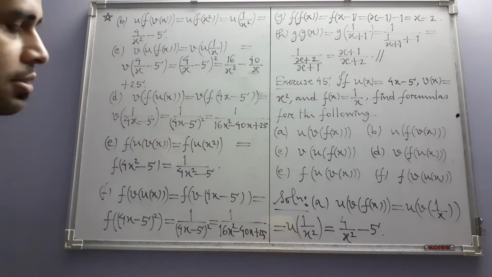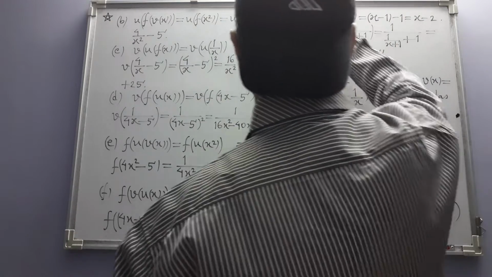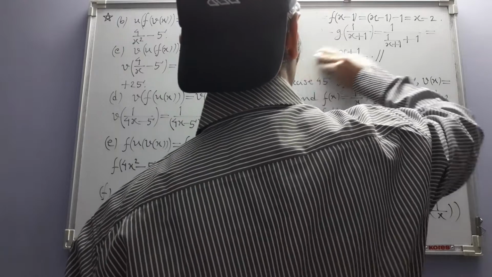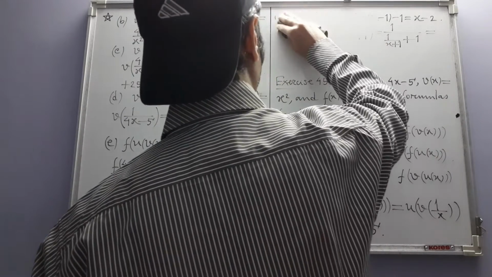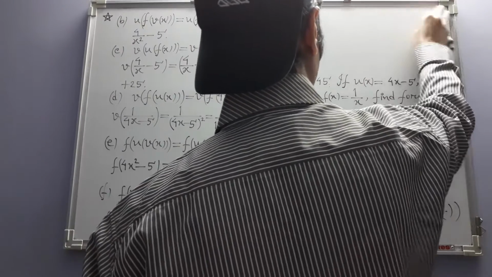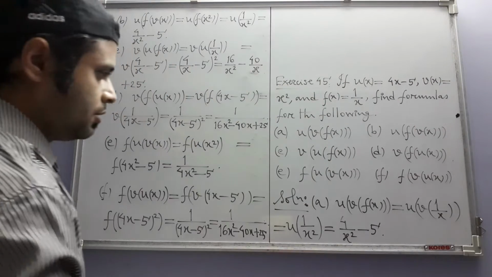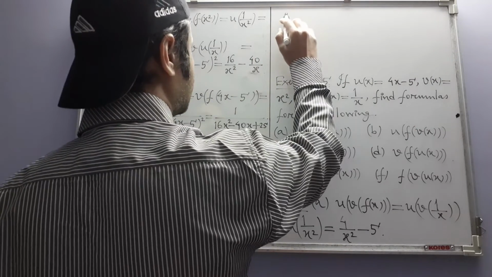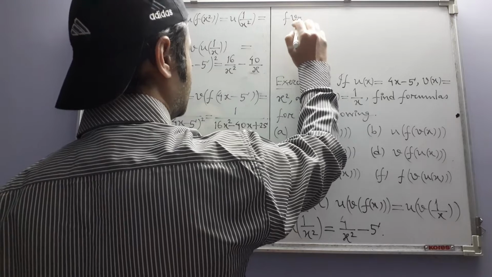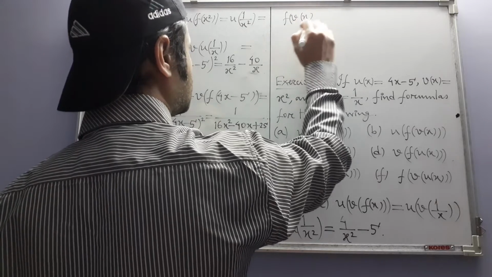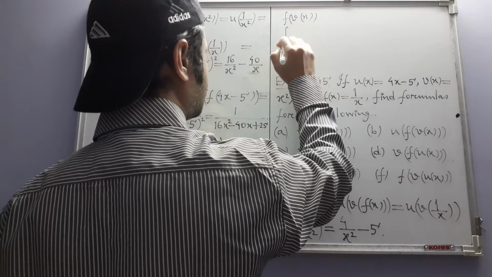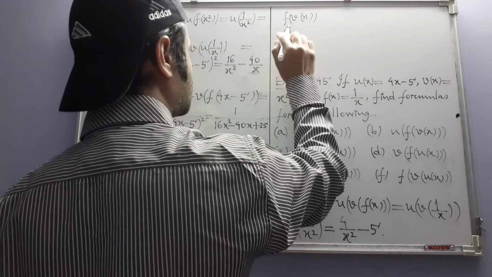The reason is this. These two things are equal. f of v of x and v of f of x.